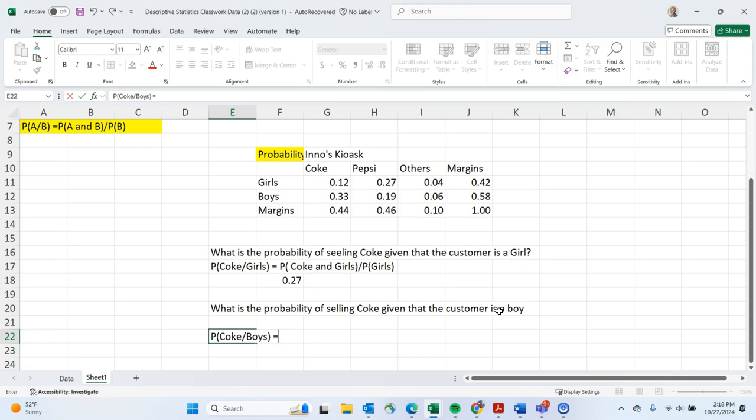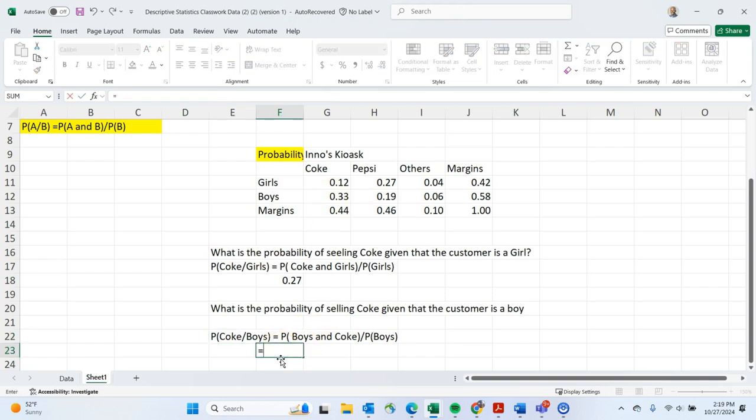And remember, we're going to use the same formula. So we are going to look at the joint probability between boys and Coke divided by the probability of boys. We know the joint probability between boys and Coke is 0.33.